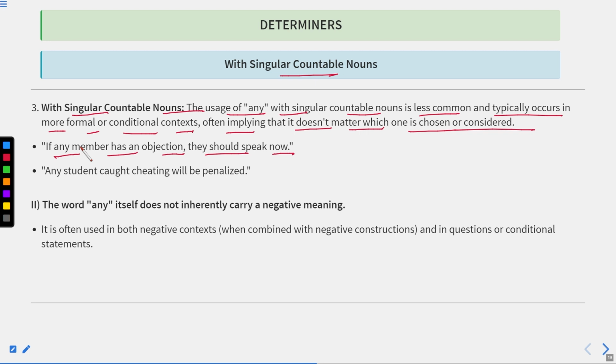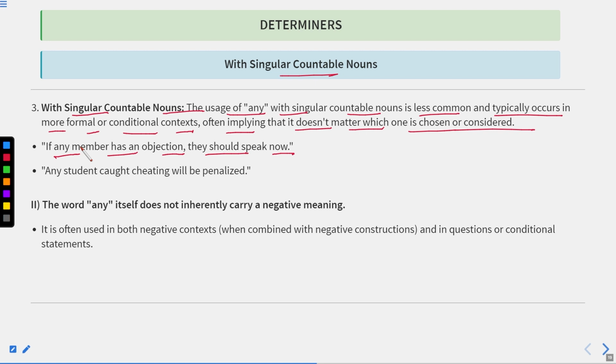It can be any member who has an objection. He can come and speak. Any student caught cheating will be penalized. It means there is no specific student. There can be any student caught cheating. If he was caught cheating, he will be penalized. So the rule is applicable for all the students.